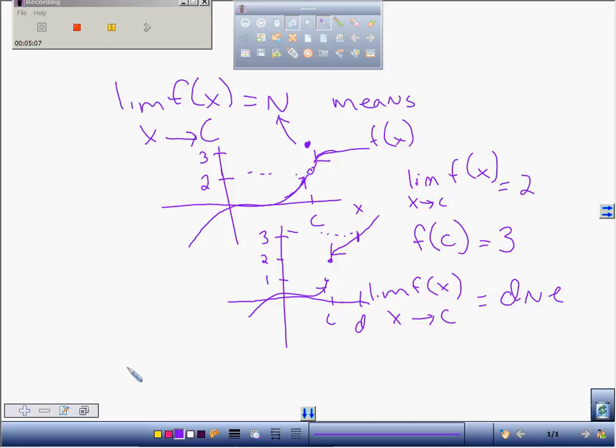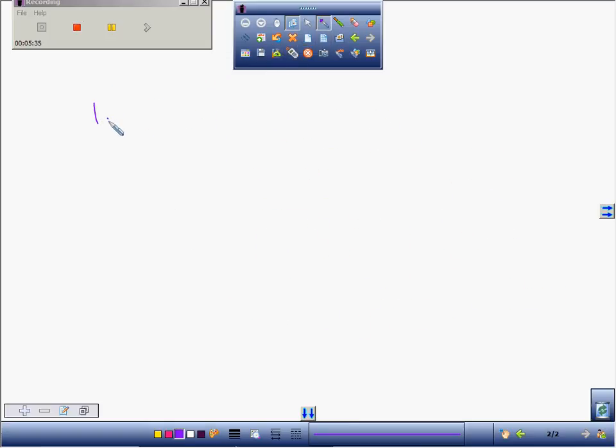So there are ways to evaluate limits that are pretty straightforward. Find the limit as x goes to 2 of 3x squared minus 1.